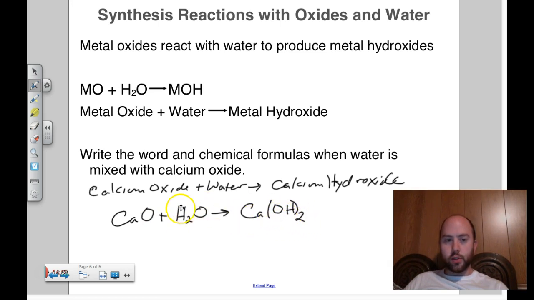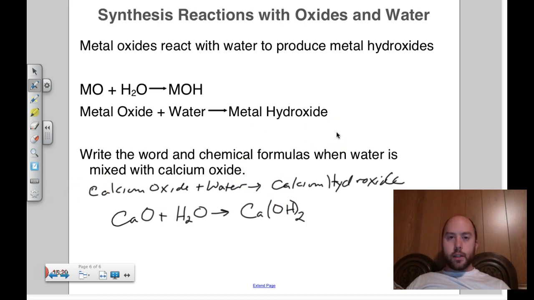So I got 1 and 1. There's those 2 oxygens, and here's 2 oxygens here. So 1 calcium, 1 calcium. 2 oxygens, 2 oxygens. Now 2 hydrogens. 2 times 1, 2 hydrogens. It's already balanced. Very simple, very easy one to do.